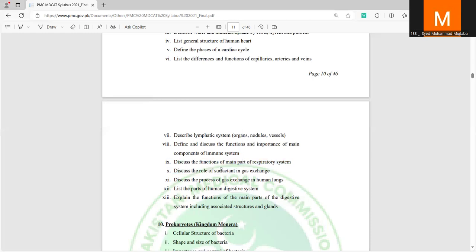Now you need to know the role of the surfactant. For example, the role of surfactant in infants is that it prevents the lung from collapsing. It helps to provide a large surface area for gaseous exchange, and if there's less surfactant production, it is known as respiratory distress syndrome.